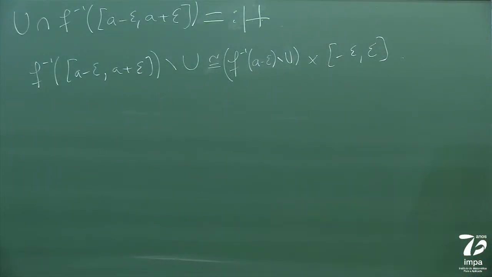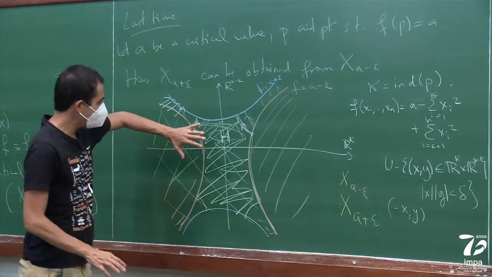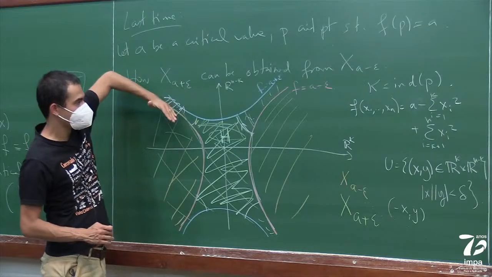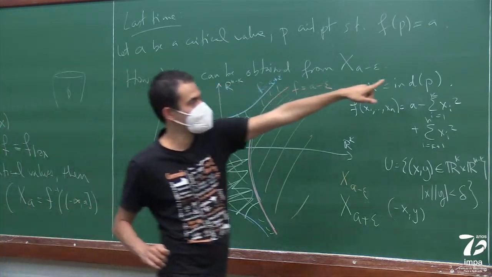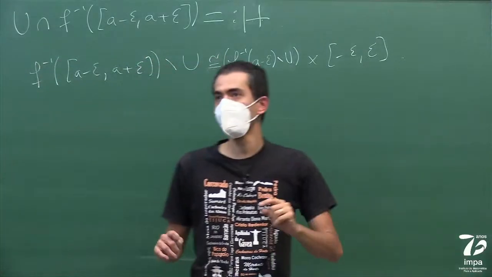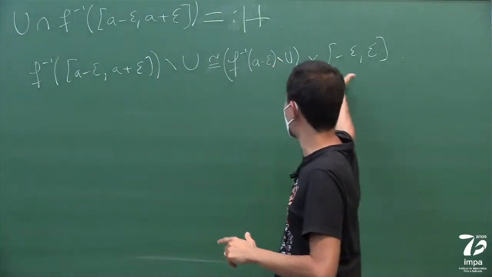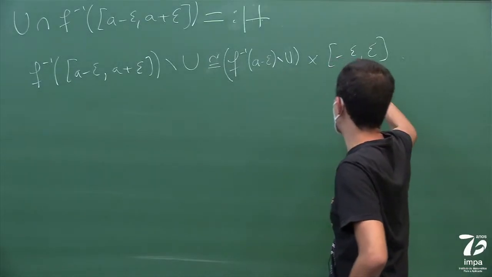Okay, so when you look at what's between a minus epsilon and a plus epsilon that's away from this neighborhood, then you can just use the same gradient-like vector field to show that this thing really is a product of one slice with minus epsilon epsilon.